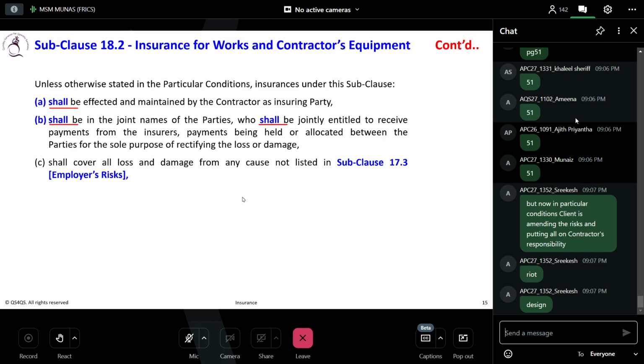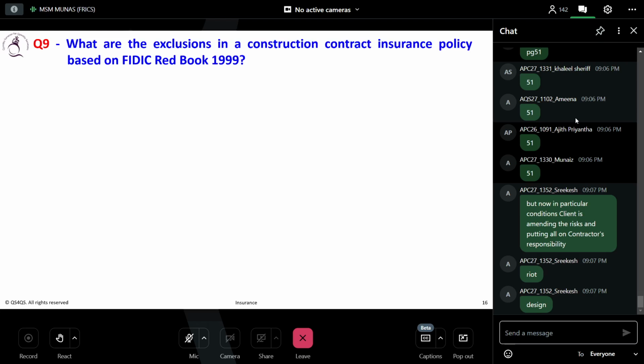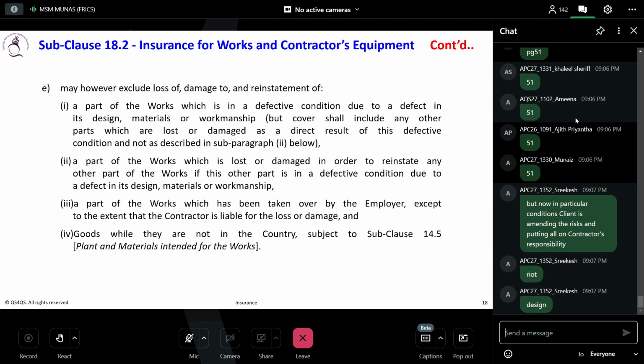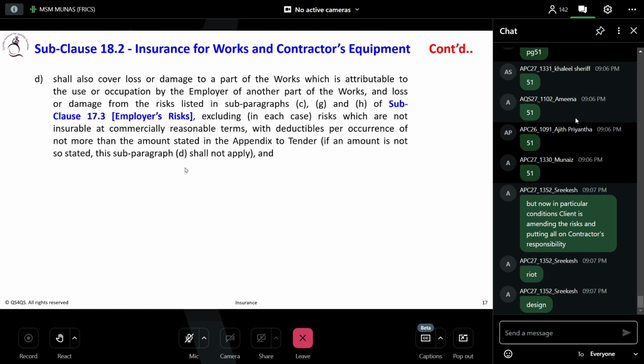This says very clearly, see, it doesn't cover. But when you come to the D, you have to understand this one. It shall also cover loss or damage to a part of the works which is attributable. Continue, keep on. Okay.